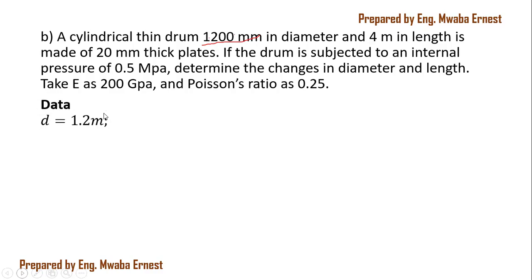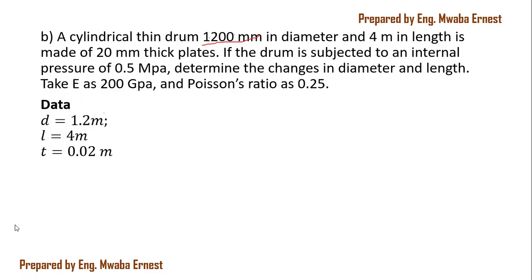So the diameter there is 1.2 meters. Then we also have the length, 4 meters. The thickness of the plates, that's 20 millimeters. So again, we convert 20 millimeters to meters, meaning 20 divided by 1,000, we end up with 0.02.